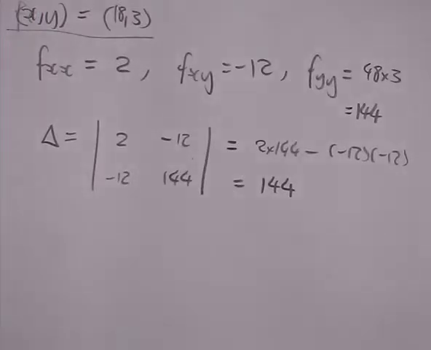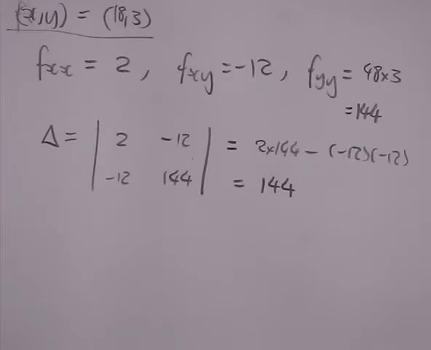So when the discriminant's positive, my little book of notes says there's two options for what could happen. This is either going to be a minimum or a maximum. It's definitely not a saddle point, but we don't know which one. But we do know which one because it's either at the bottom of a valley or at the top of a hill. If it's at the top of a hill, the curvature in every direction must be negative.